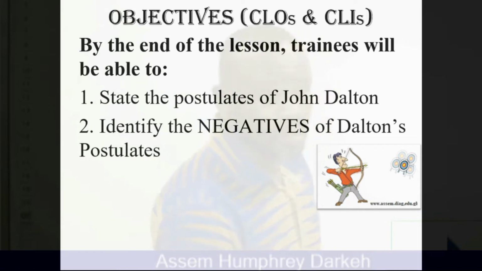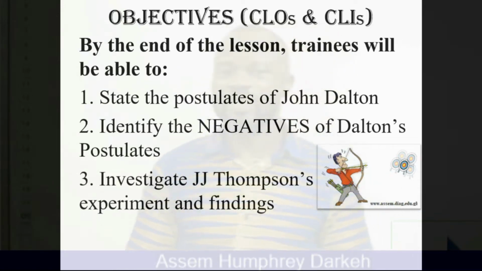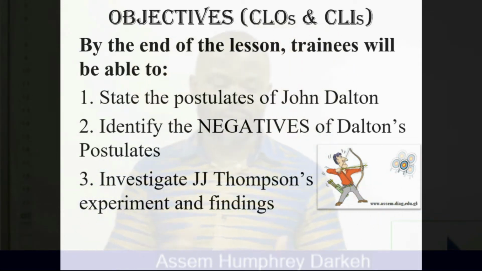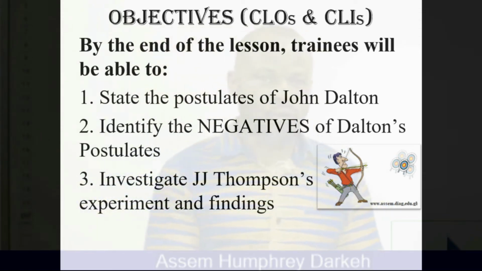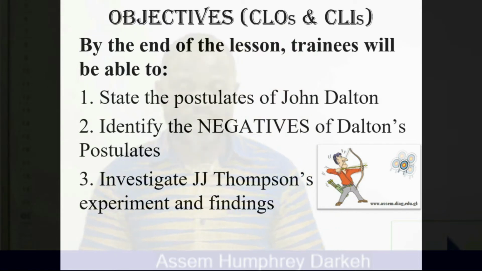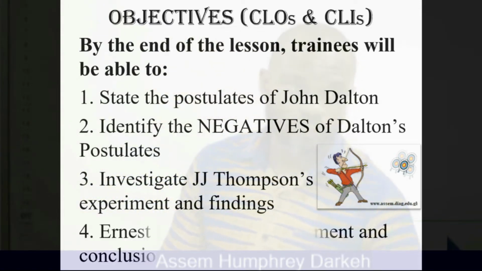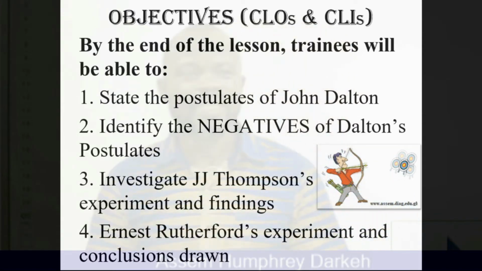Again, we'll be looking at what J.J. Thomson did by way of experiment in his discovery of the electron, and some of the findings that he actually came up with. We'll also look at Ernest Rutherford's experiment and the conclusions drawn from it.